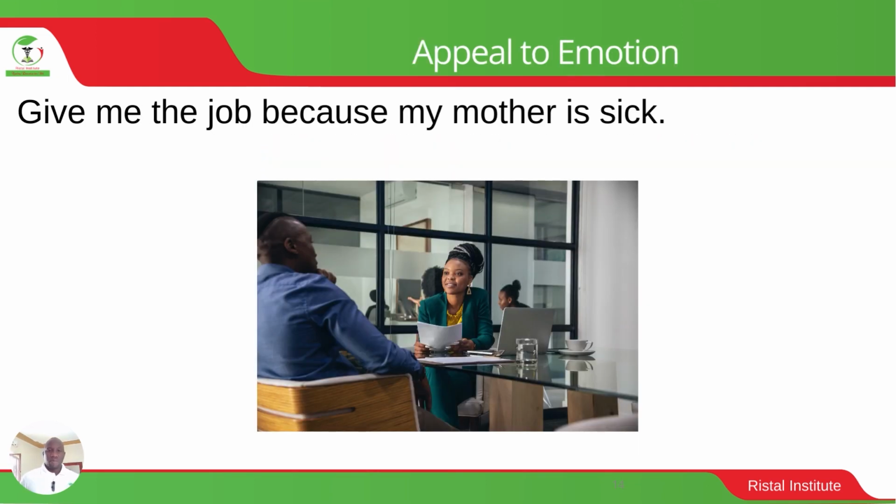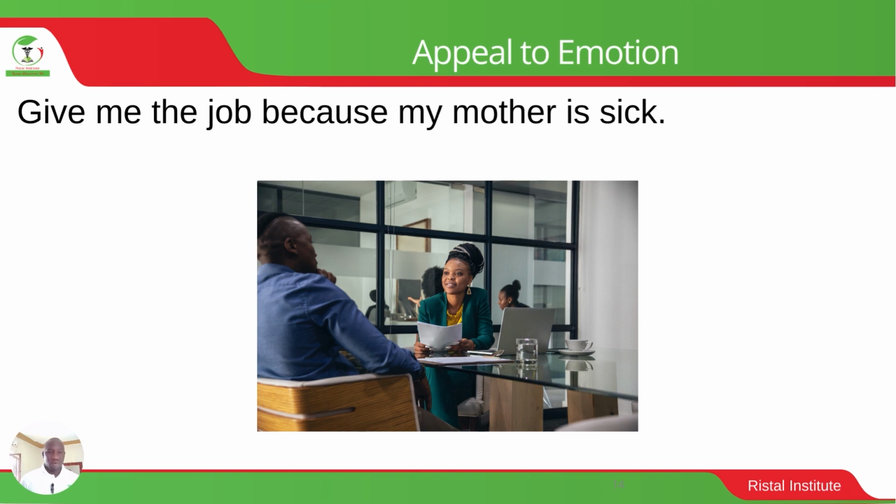Appeal to emotion. Instead of providing evidence for why a particular situation should be as you want, you appeal to emotion. You want people's emotions to be drawn towards you, so they feel sympathetic towards you. So you go for a job interview, for example. The interviewer will ask you, why should I give you the job? And you say, see, my mother is very sick. She has been sick for the last 10 months, and she takes $10, whatever amount of money, a month for her treatment.